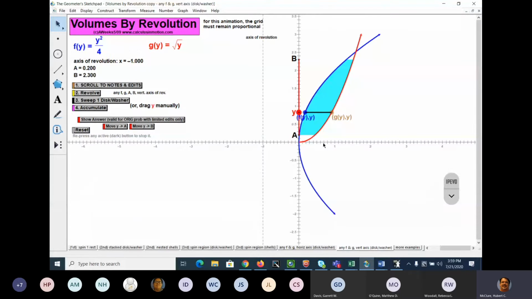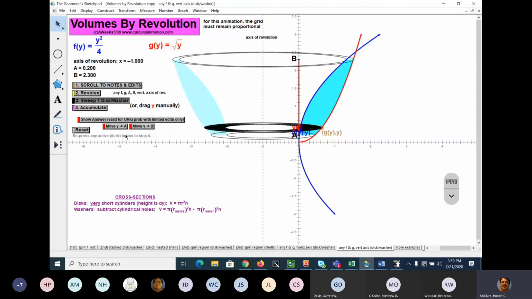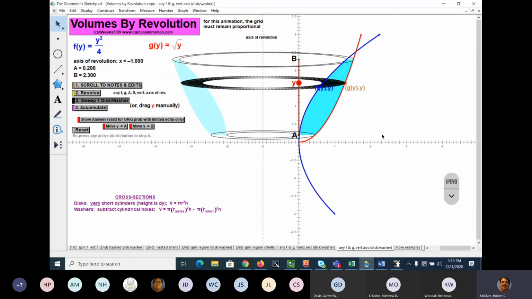Now, I don't want it around the y-axis, but this right here is going around the y-axis, but if you were to go around the x-axis, you would get a bowl shape going to the right. It would be kind of this bowl shape going to the right.